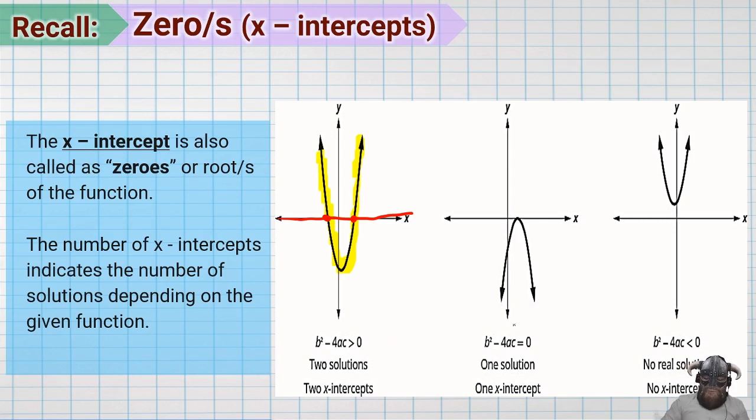But if your graph looks like this one, wherein the parabola intersects your x-axis at only 1 point, that means you only have one intercept. And if your parabola doesn't have any real solution, that is where your parabola looks like this one, it doesn't intersect your x-axis, that means you don't have any zeros or any x-intercept on the given parabola.